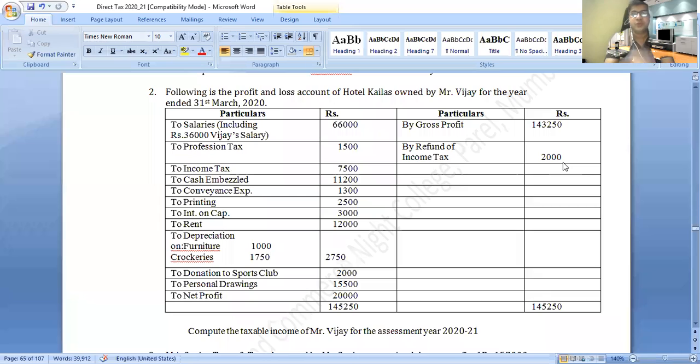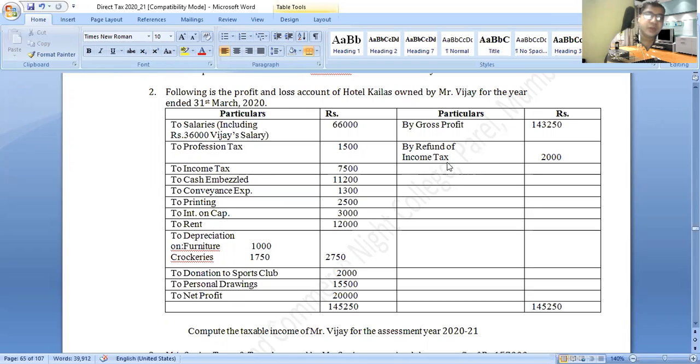One thing you have to keep in mind: debit side income tax is not a business expense, and credit side refund of income tax is not a business income. Debit side income tax is not a business expense. It means credit side refund of income tax is also not a business income.